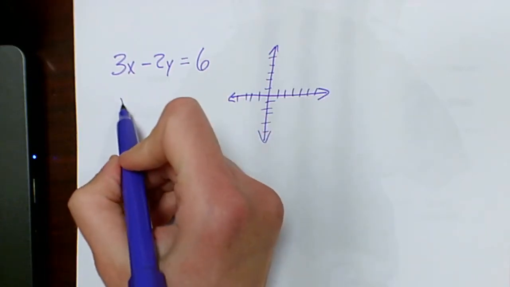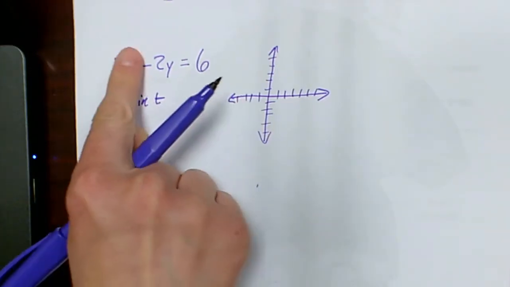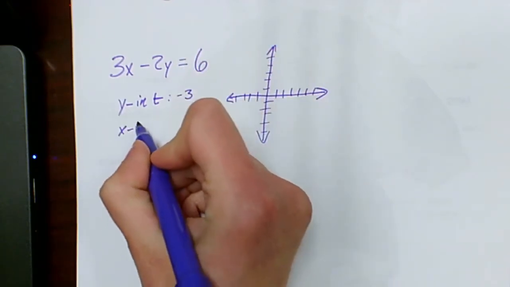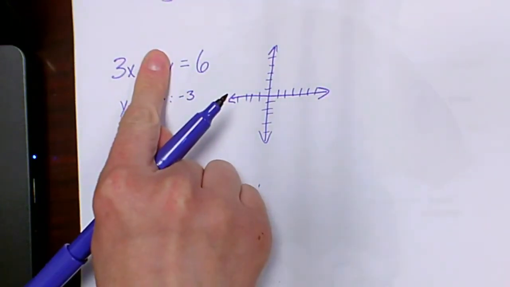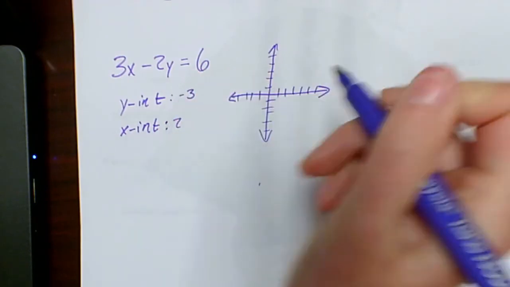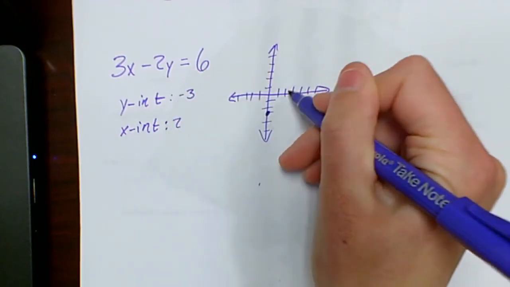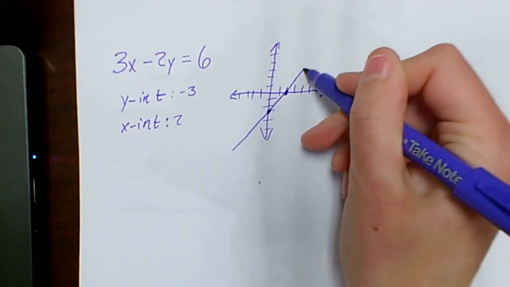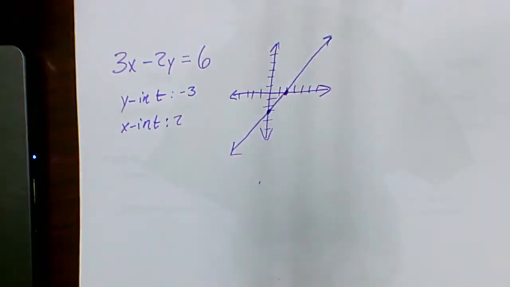So the y-intercept, if you solve for y, we get negative 3. Our x-intercept, if we solve for x, we get a 2. So we have negative 3 on the y, 2 on the x-axis, x-intercept, and there's our line.